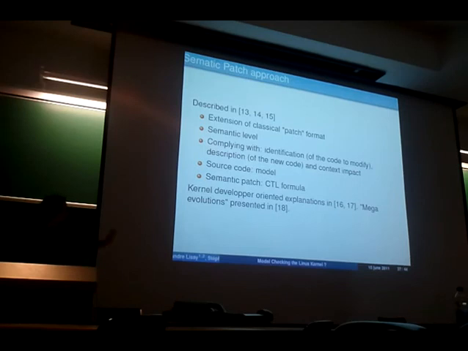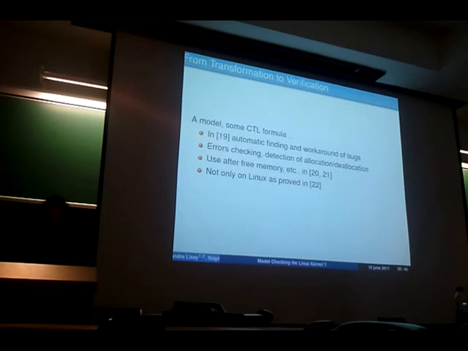There is also some more kernel developer-oriented information available in a couple of papers, and I think this is one presented here. And because it is model checking based, they use it to verify.